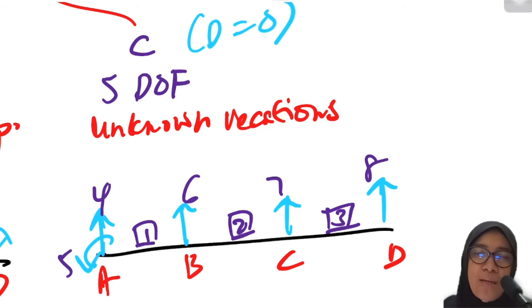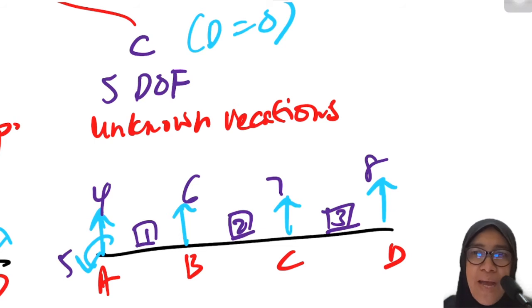Means that we can consider the settlement effect if the value of displacement is given at any position given in the question. For example, if the settlement is given at A position, we need to put the value at position number 4.